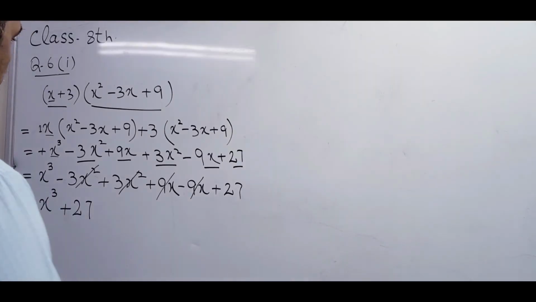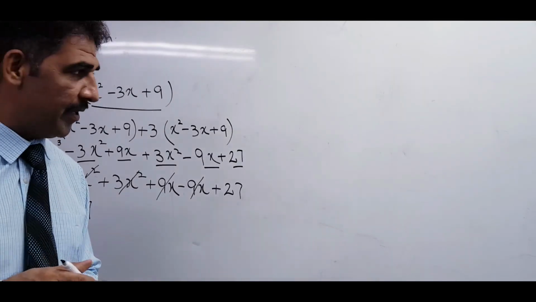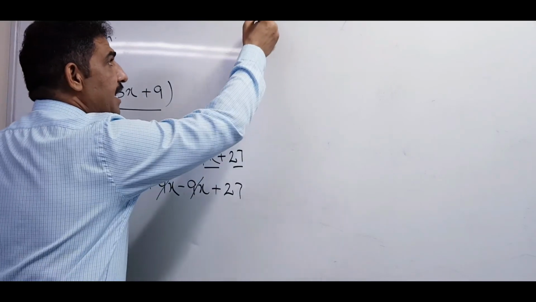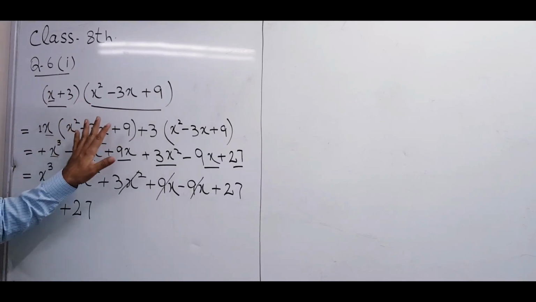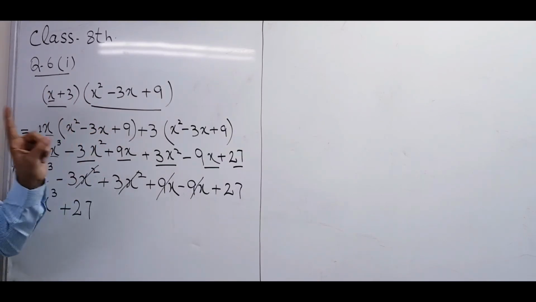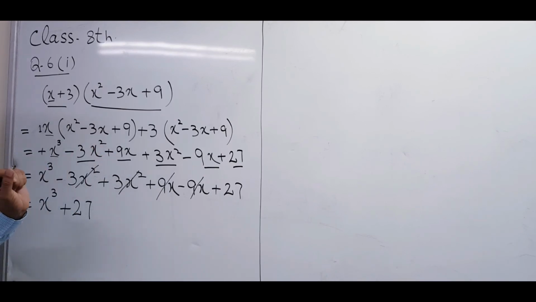Okay, my dear students, your next assignment for my intelligent students is that the question is the same. I will make just a little change in this question, and then you will give me the answer after solving. Here is x plus 3.